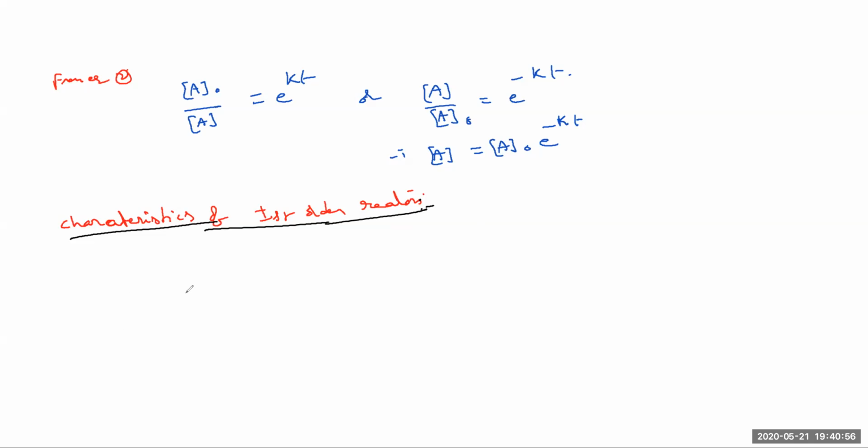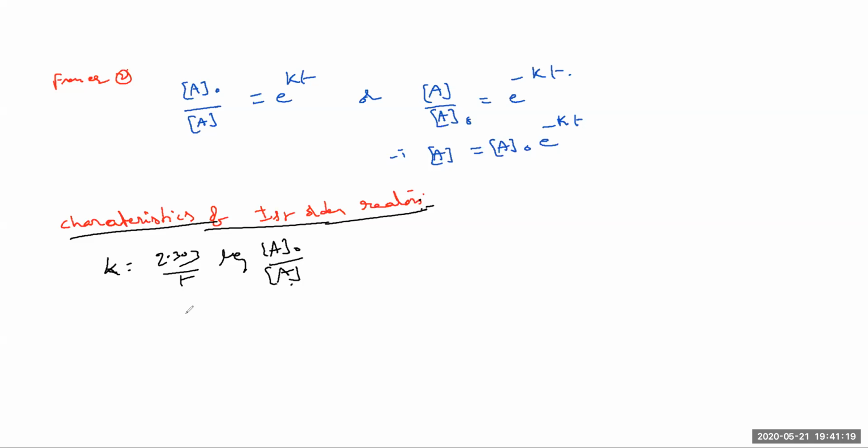So already you know that k is equal to 2.303 by t into log of a naught by a.